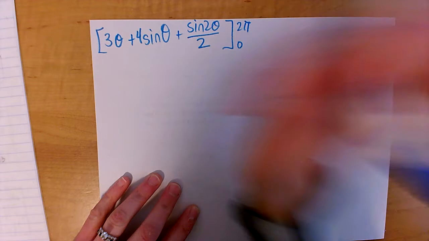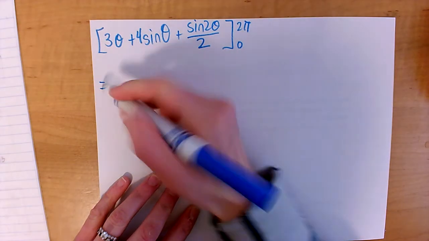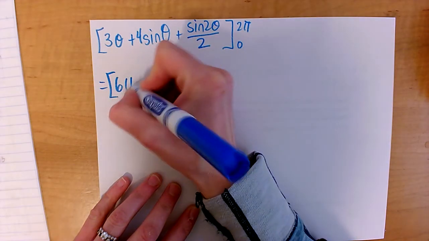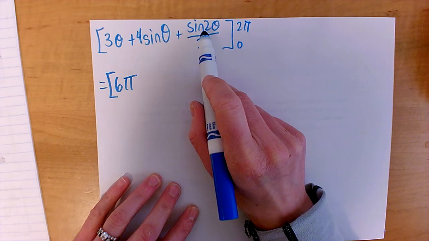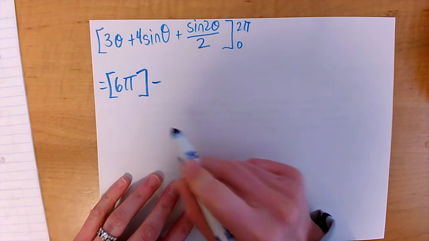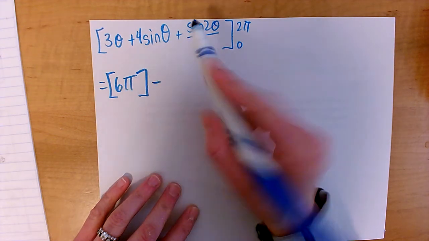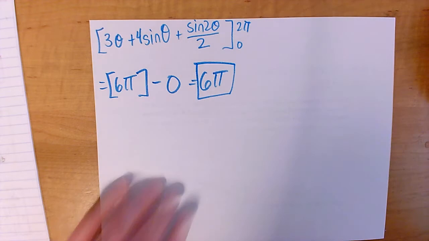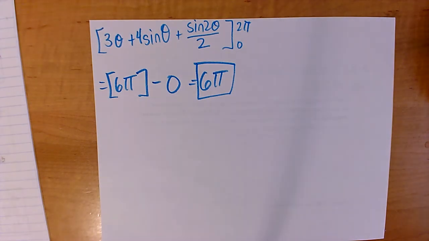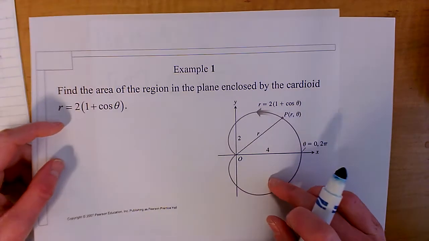So if we plug 2 pi in, this is going to give us 6 pi, sine of 2 pi is 0, sine of 4 pi is 0, and then if we plug 0 in, that's going to be 0, 0, 0, so your answer is just 6 pi. Okay, so the area of this cardioid that we were looking at is 6 pi.